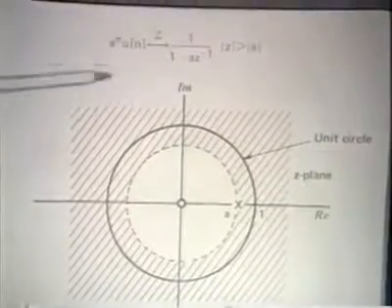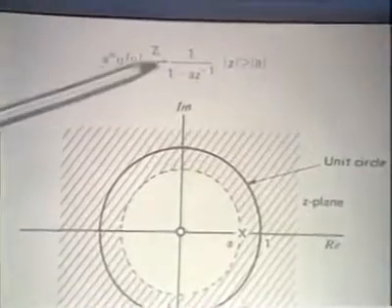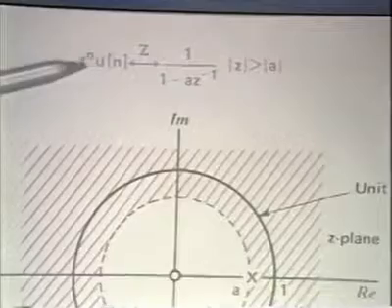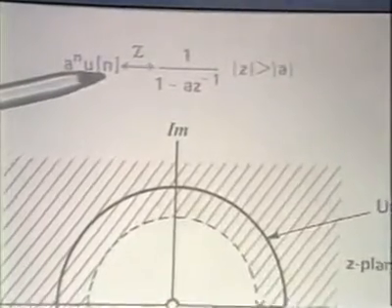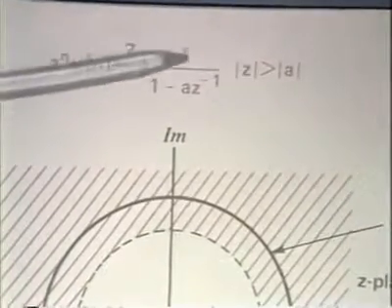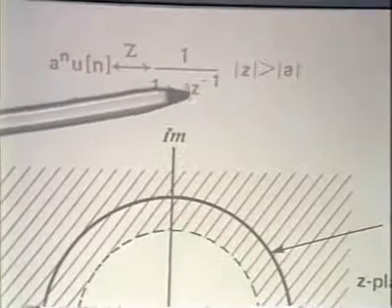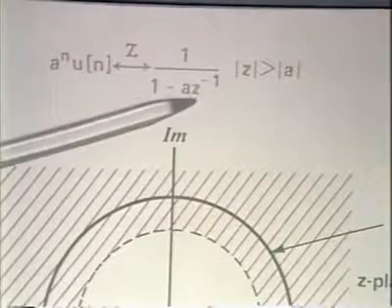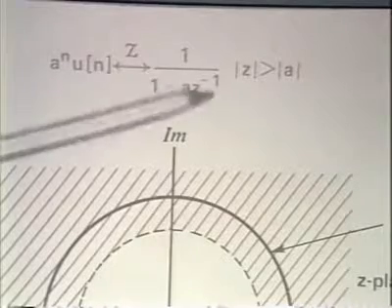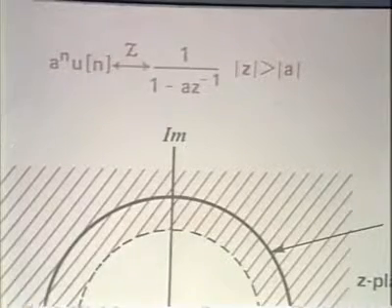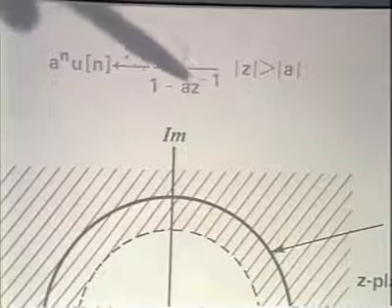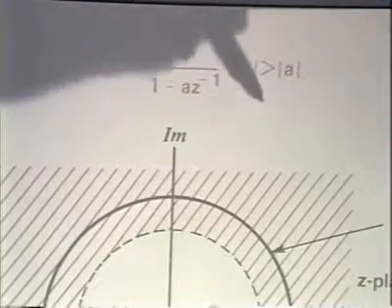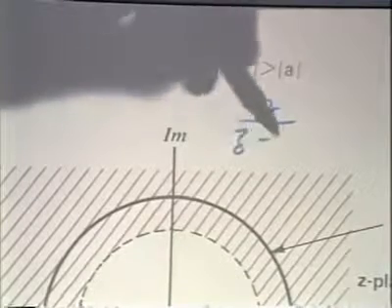So let's look at our example as we've worked it out previously, example 10.1. With this sequence, the z transform is 1 divided by 1 minus a z to the minus 1. We happen to have written it as a function of z to the minus 1, but clearly we can rewrite this by multiplying numerator and denominator by z, and this would equivalently then be z divided by z minus a.